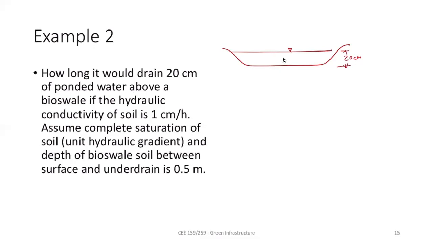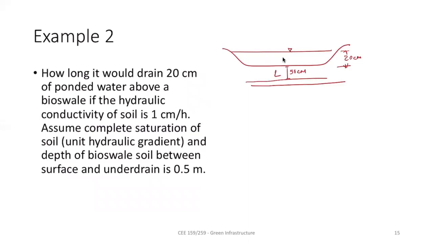And assume complete saturation of soils. So that means you can say you need hydraulic gradients. And the pipe that diverts the water is about 50 centimeters or 0.5 meter below the surface. So that's the L, the depth of the filter media.